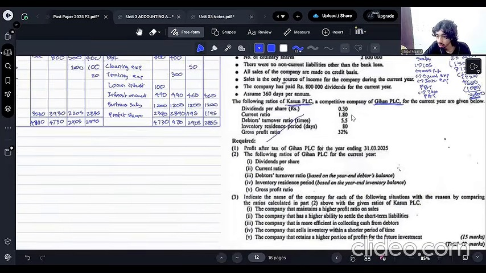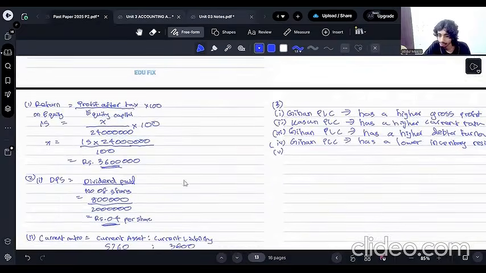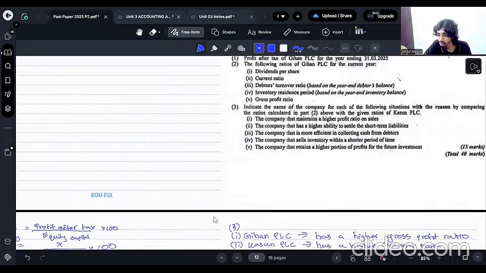Now see here, Kasun is paying 0.3 rupees per share, while Gihan is paying 0.4 rupees per share as dividend. Then who is keeping money for the business? They're saying the company that retains a higher portion of profit for future investment. Which company is keeping profits in their business to invest in the future without giving dividends?